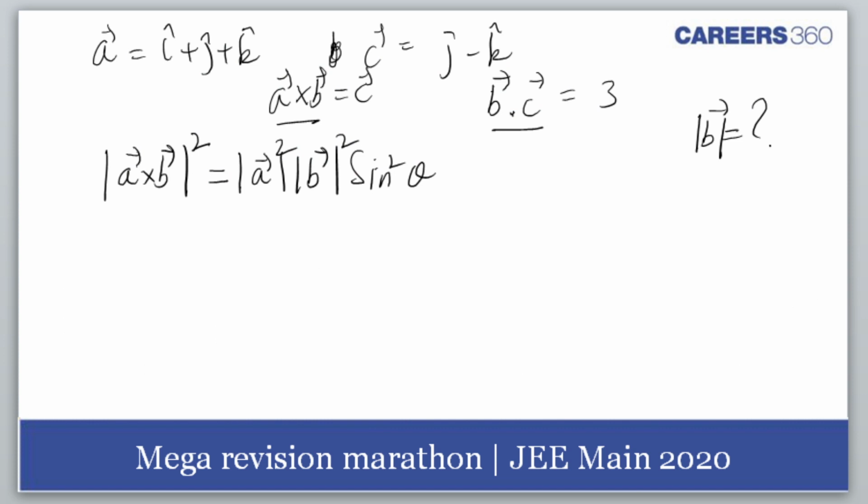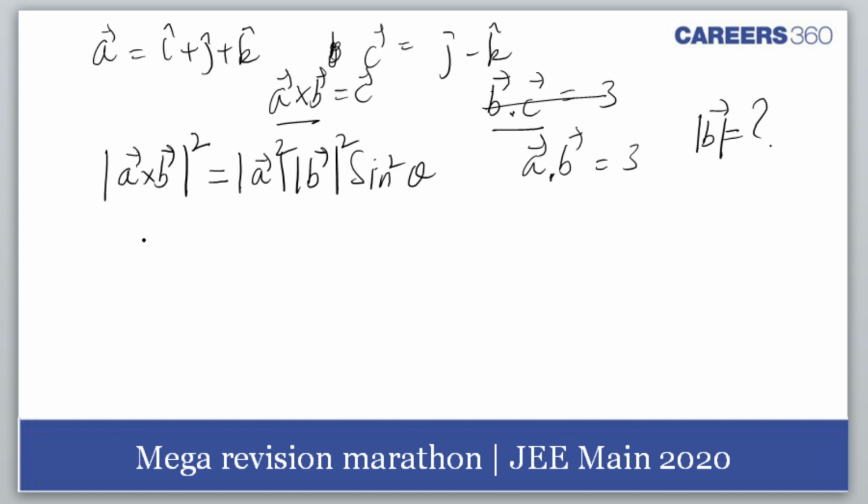Not B dot C, it is A dot B. That is 3. Okay. Now mod A cross B square is mod A square mod B square sine square theta. Are you aware of this? Yes, thank you, Snigdha.